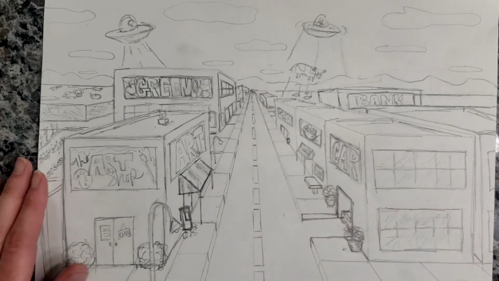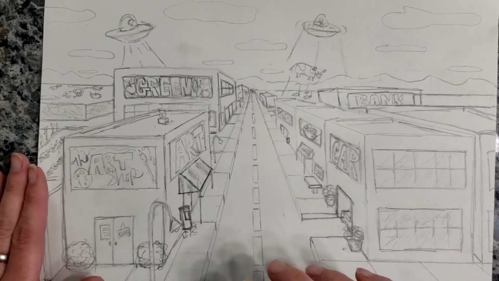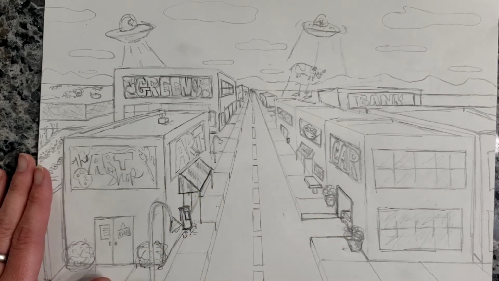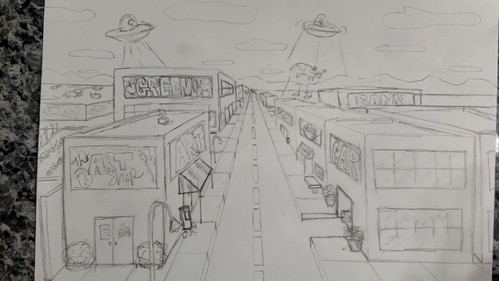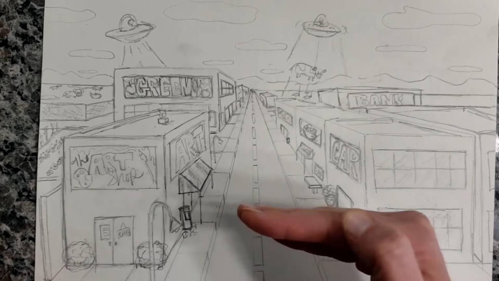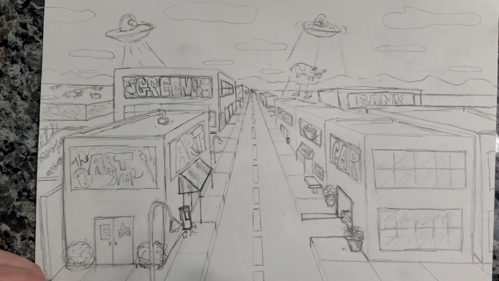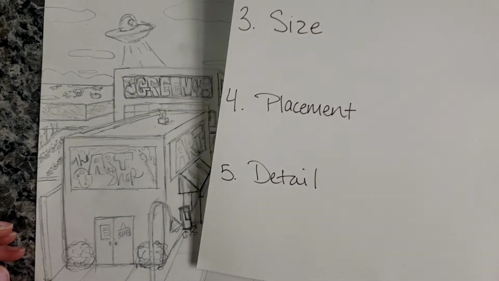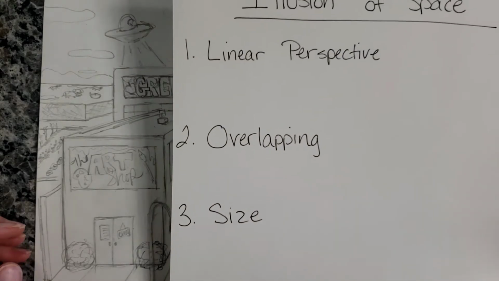Okay, so I'm going to go through each one, and then for tomorrow's assignment, or I should say I'll post this today, I'm a day ahead, but for the assignment that you guys are going to do, I want you to use your drawing and you're going to write out examples, and I'm going to do an example for each one in my drawing. Okay, and we're only going to focus on these 5.